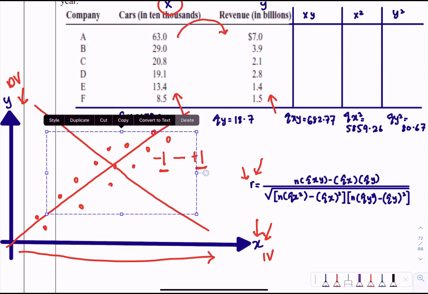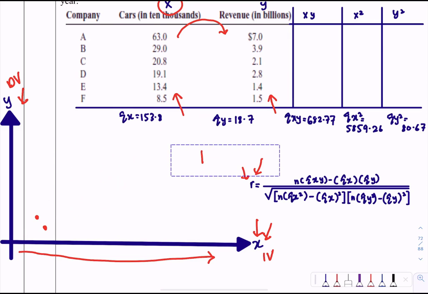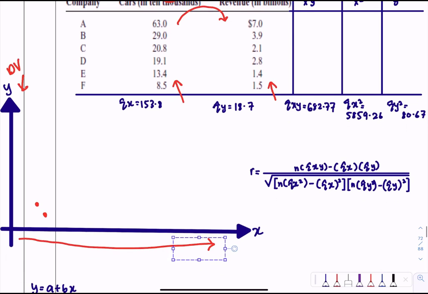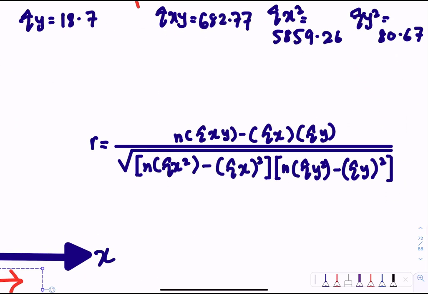Jadi kalau kamu nampak kat sini, formula R ni nampak macam complicated. Sekejap lah, saya delete. Jadi this formula R quite complicated. Okay, dia panjang dia punya formula, tapi sebenarnya dia not difficult. Dia just a formula. Kamu bukan nak derive the formula.